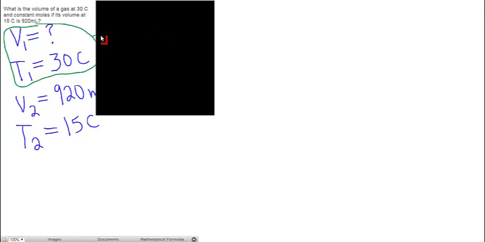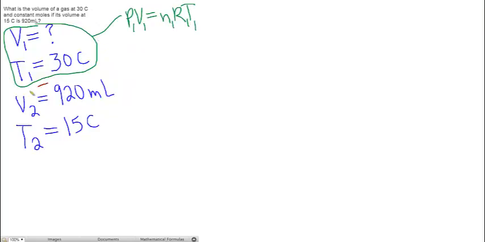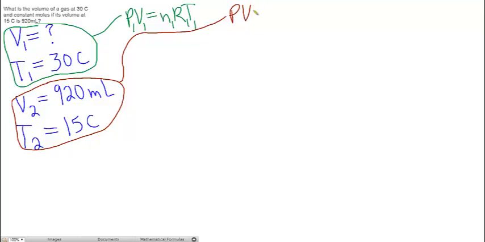And we have our second equation. We'll assign our ideal gas law to that. PV equals nRT. And these will be our 2, 2, 2, 2, 2.